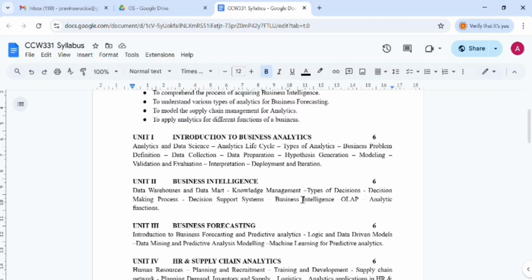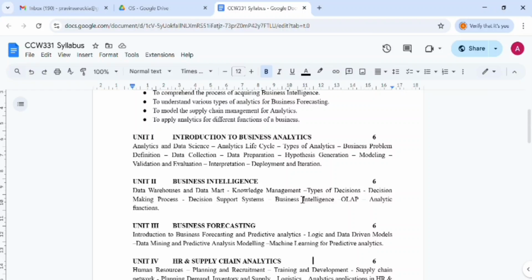The second unit deals with business intelligence. Intelligence, in the sense that we used to have data, and within the data we have to identify some patterns or some uniqueness. That is what is known as intelligence. In this unit, we are going to explore business intelligence tools and infrastructures including data warehouses. Normally, a data warehouse is used for enterprise-wide data integration and a data mart is used for department-specific analysis.